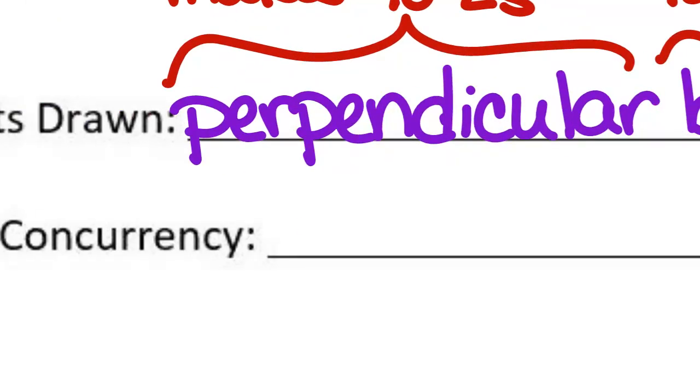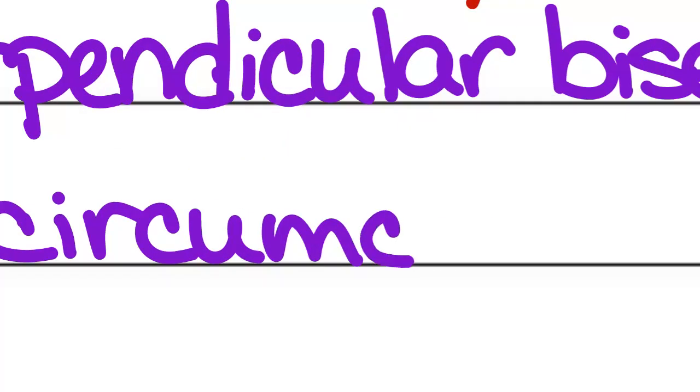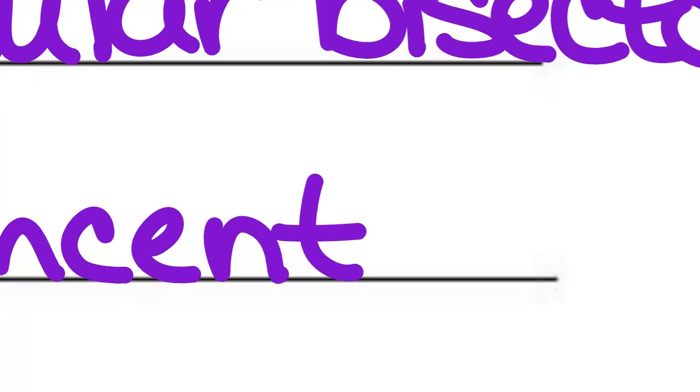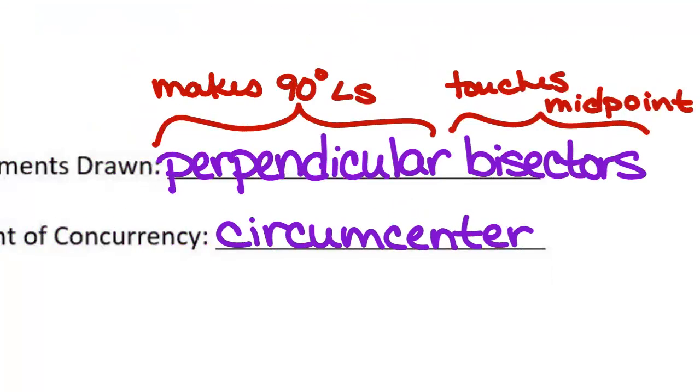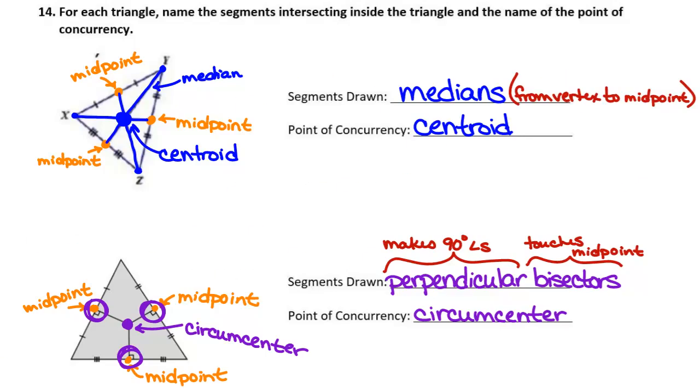The point of concurrency is the circumcenter. So far, so good? Both medians and perpendicular bisectors touch at the midpoint. The way I tell the difference is perpendicular bisectors also have to make right angles there.